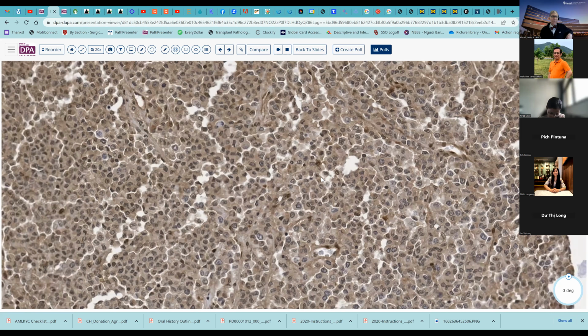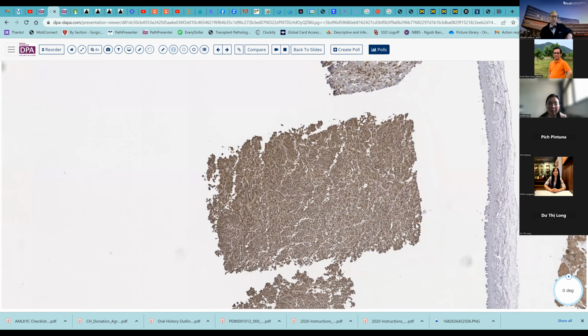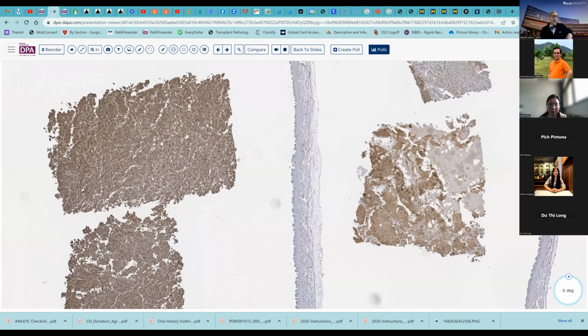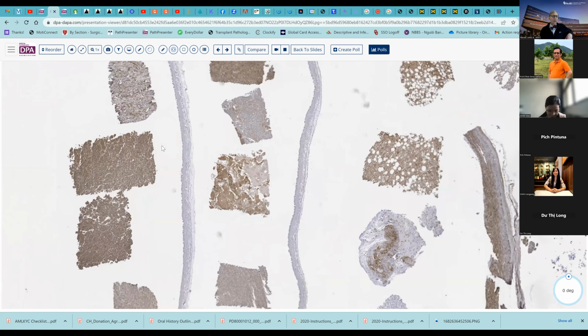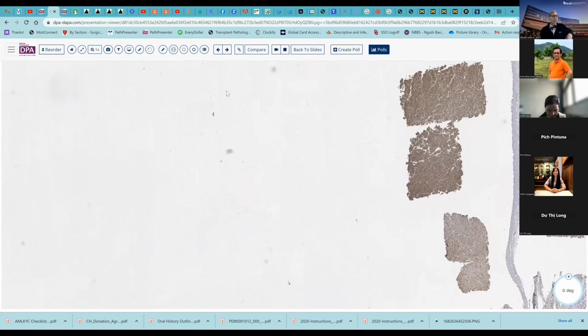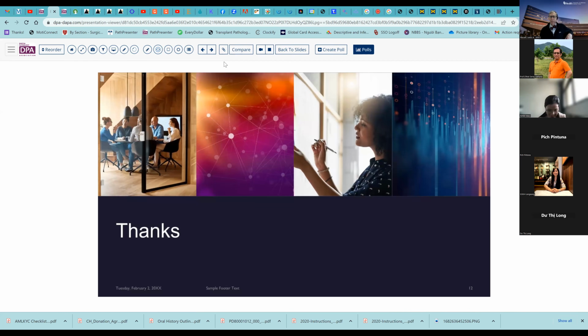Here you see the positive cells in many of the positive control tissues as well. So that's a sclerosing collagenoma or a collagenous fibroma, but either of those terms is acceptable, I believe.